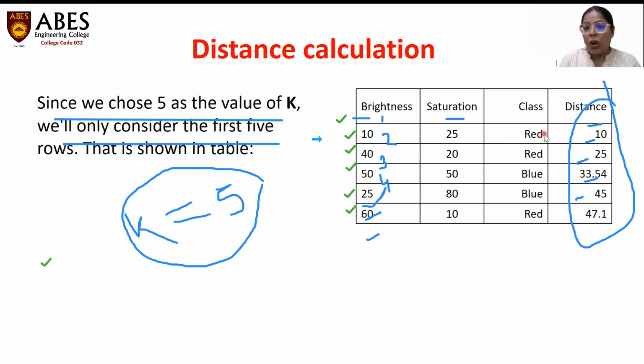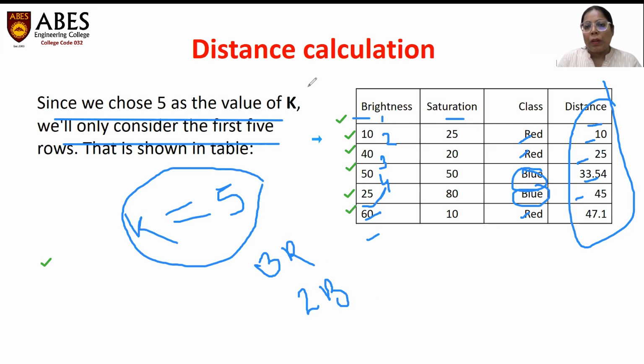So what is the majority? How many reds are there? You can see here we have 3 reds, 1, 2, 3, and 2 blue.